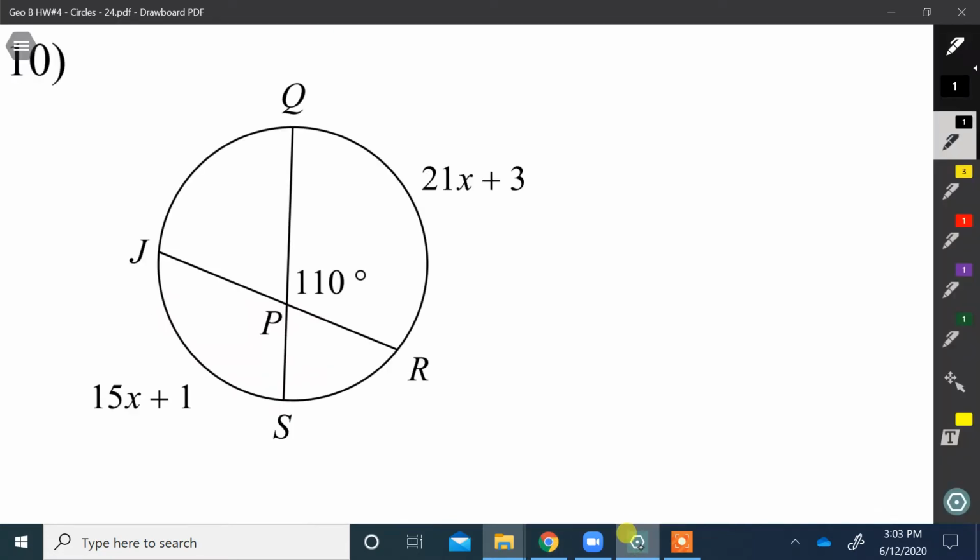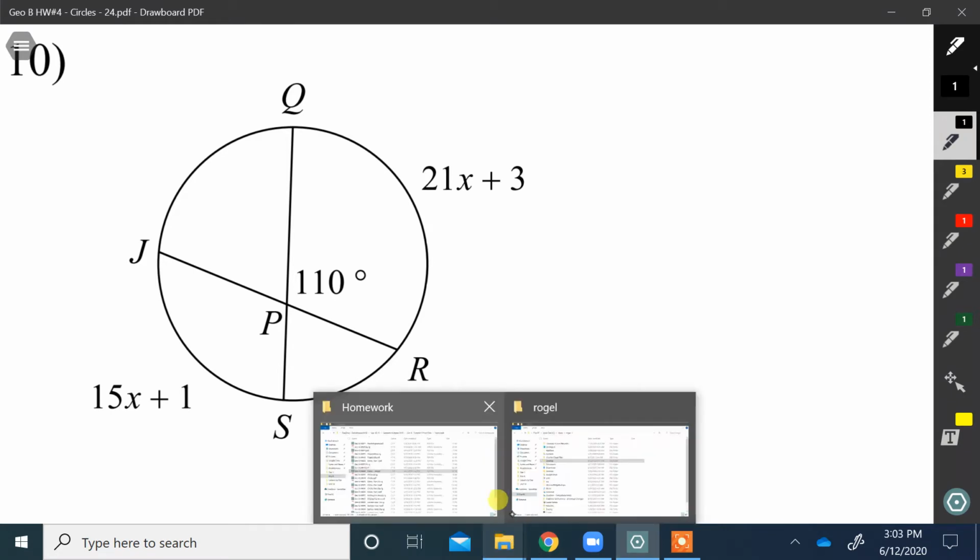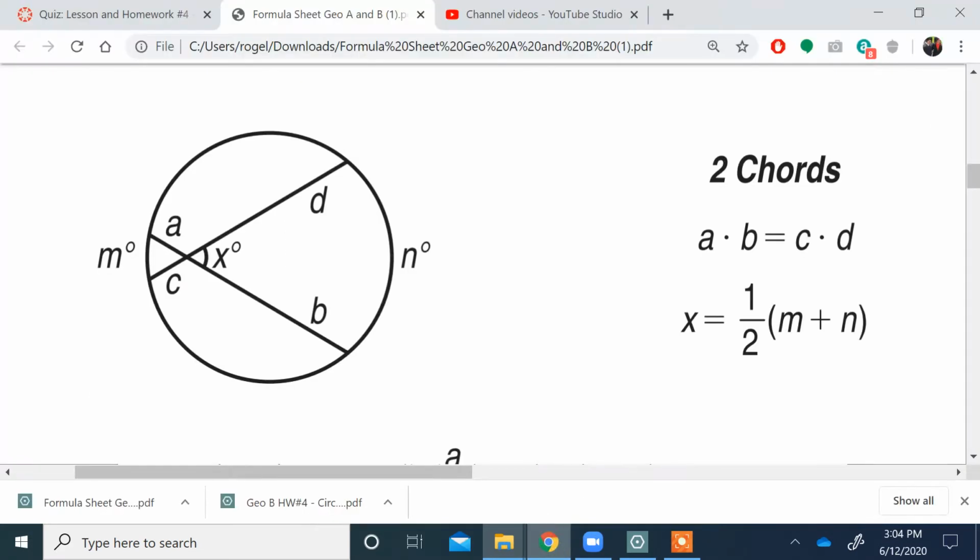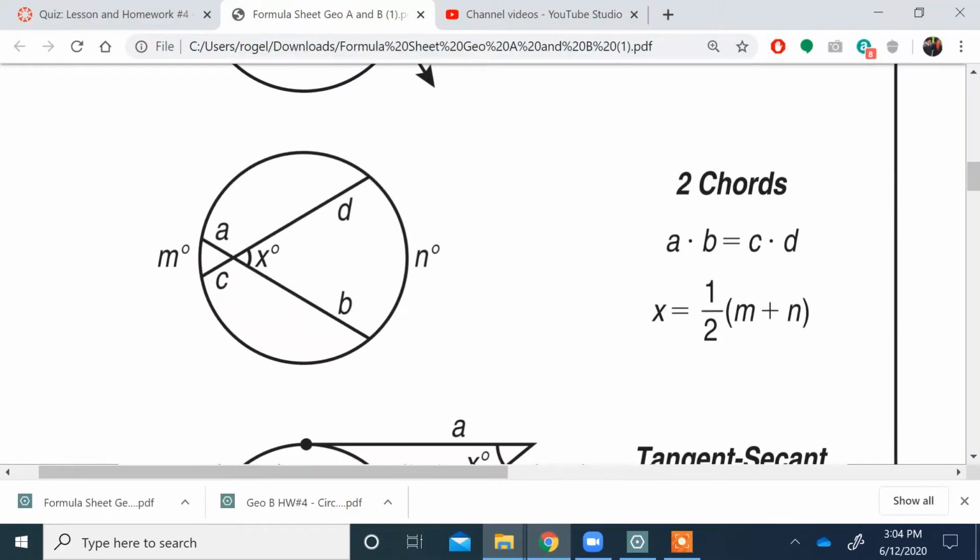First of all, we have to recognize what we have. What is it that we're going to use? As you can see in there, we have what we call 2 chords. How do you know it's called 2 chords? Well, I'm just going to look at my formula sheet and there it is. We have 2 chords. So that's what I'm going to use.